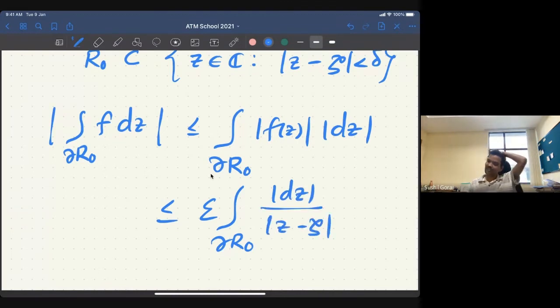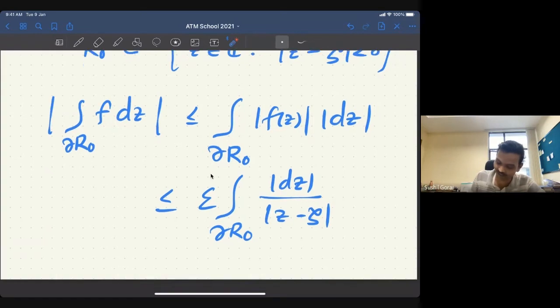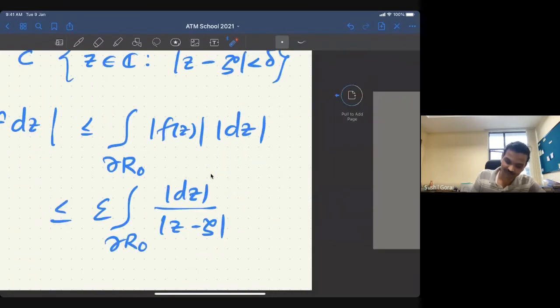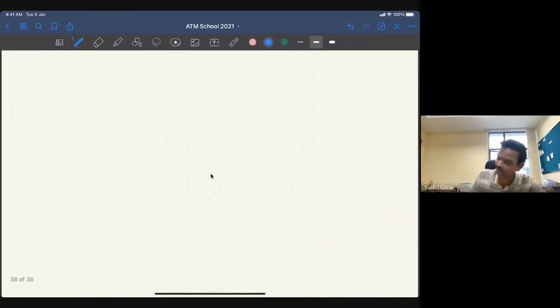All right. Now this was a tutorial exercise. Have you done it? This integral is bounded by what? Do you remember there was an exercise in the tutorial? At least in those problems that I circulated. So if you have not done it, do that. I'll put it as an exercise.